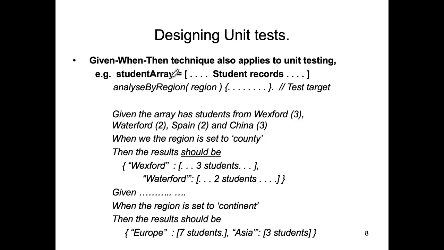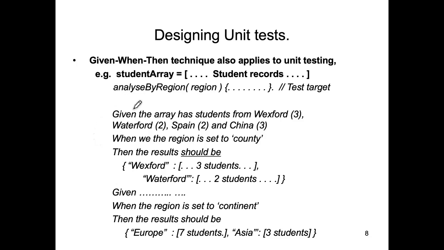So that's my context. This is my function, and I've expressed orally what the specification for this function is, in very general terms admittedly. Following my given, when, then idea, I'm expressing some user stories for this unit.